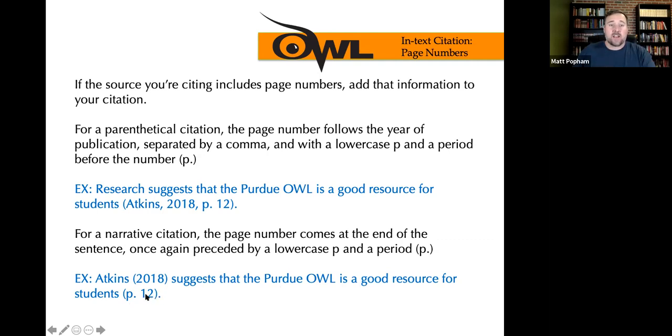Page 12. You could even take the page 12 out of parentheses if you wanted to. And you could say, Atkins on page 12, and then parentheses 2018 suggests that the Purdue OWL is a good resource for students. So you can kind of play around with that if you want to.